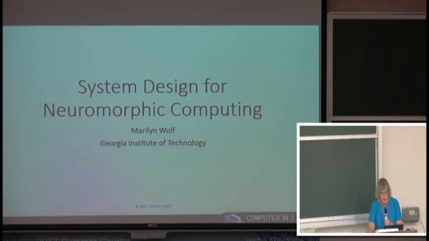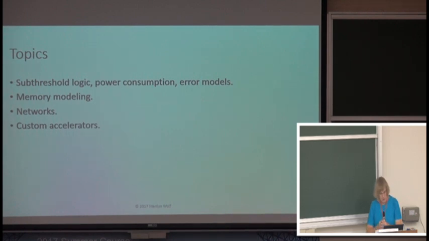Okay, let's talk about ASICs. We're not going to talk about all of ASIC design, but I want to talk about some topics of hardware design that are particularly relevant to things you might want to do for neural networks. We'll move from fairly low-level stuff up through more system architecture.